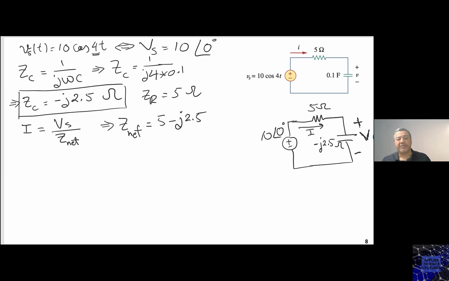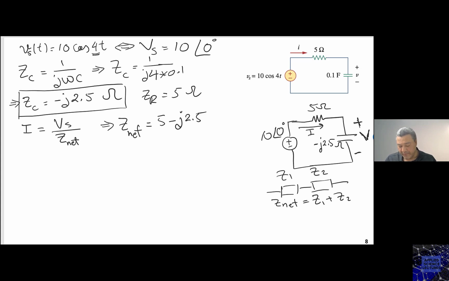Now keep in mind that impedances are treated exactly like resistors when it comes to series and parallel. So if you have two impedances in series, regardless of what's inside these impedances, then Z net is Z1 plus Z2.